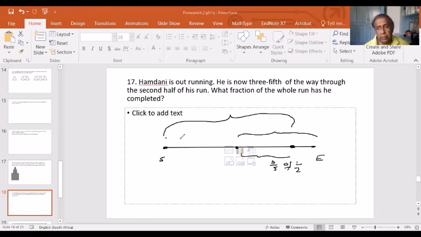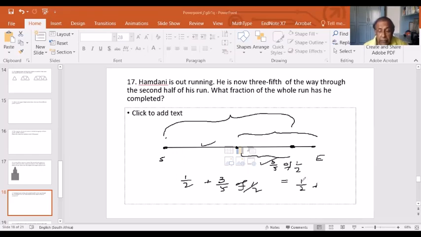So how do you get that number? Well, firstly, it's equal to a half. That takes care of the first part. And then you have to add that bit to get to that, which is 3/5 of half. Right, and now you have to calculate this.